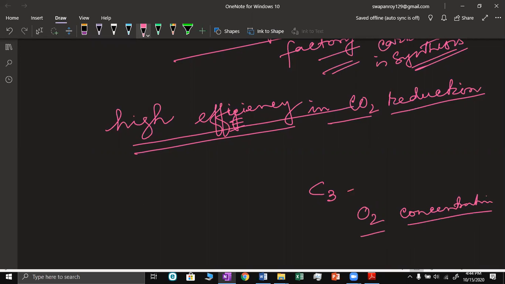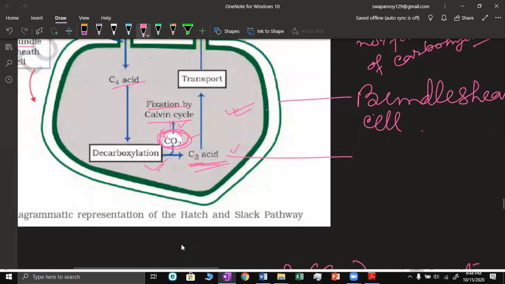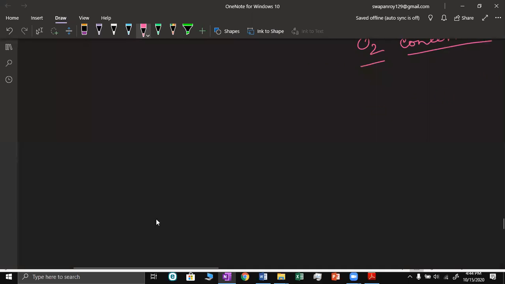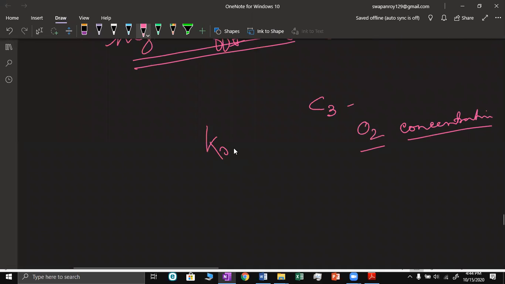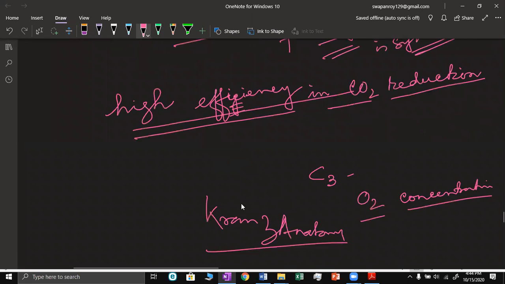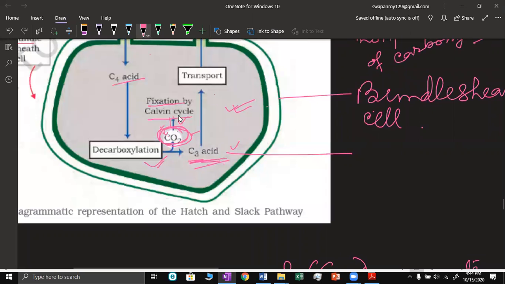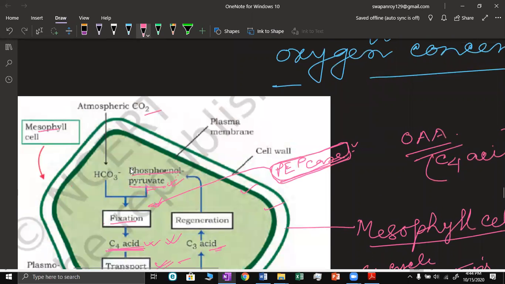All right. So by this Kranz anatomy, the plant is keeping this Calvin cycle away from the site of oxygen.